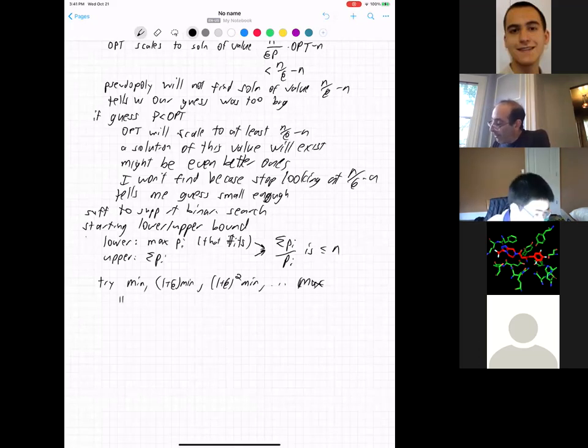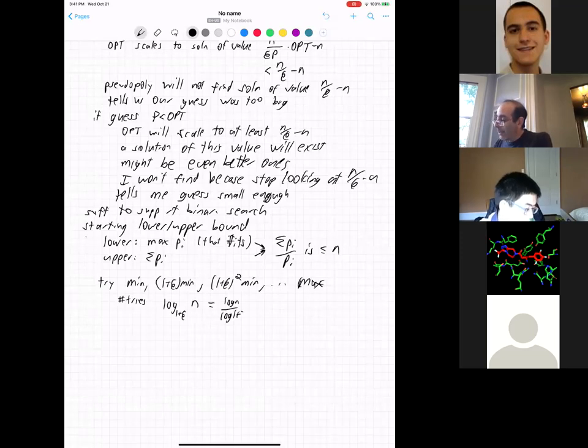The number of tries is just going to be how many powers of 1 plus epsilon are in this ratio between the maximum and the minimum, which we've already argued is at most n. And that's log n over log 1 plus epsilon. log 1 plus epsilon is about epsilon. So you only need about 1 over epsilon log n trials to home in on the proper value.